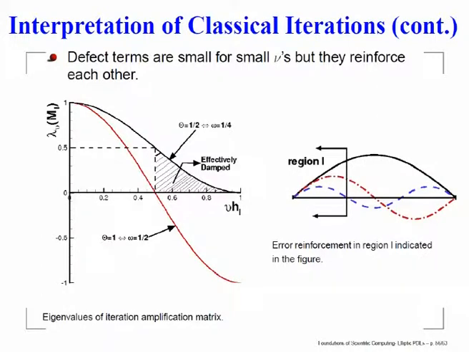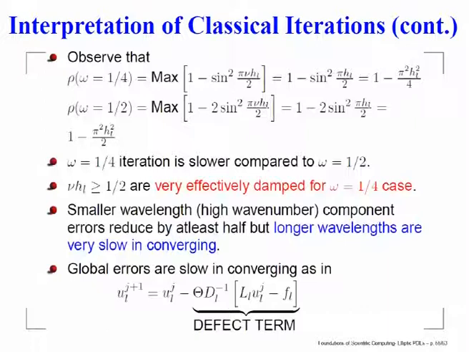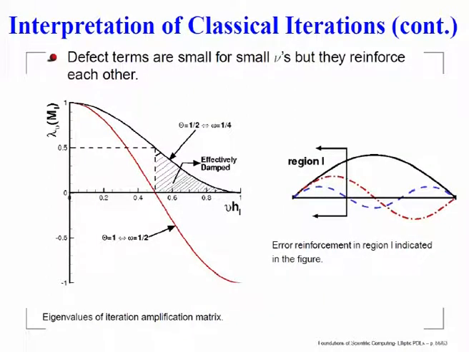So what we then find is that we can draw these conclusions that we have written, that compared to omega equal to 1/4, omega equal to half has a better convergence. Why did I say that? Well, go back to the figure.